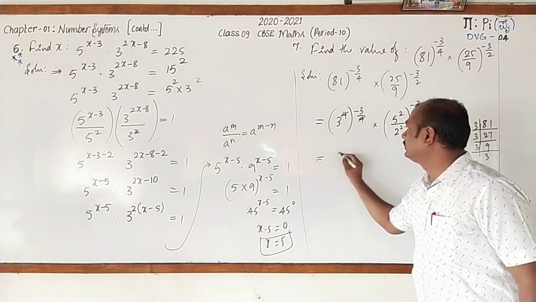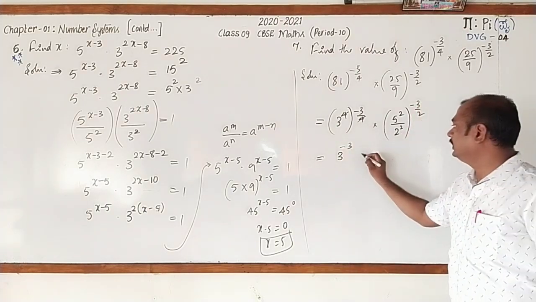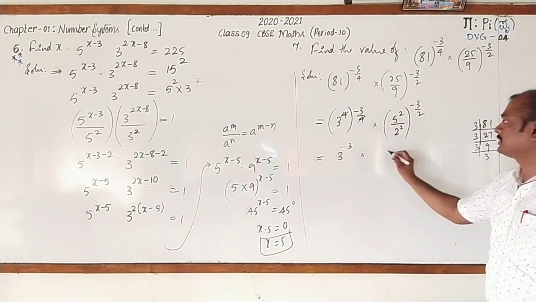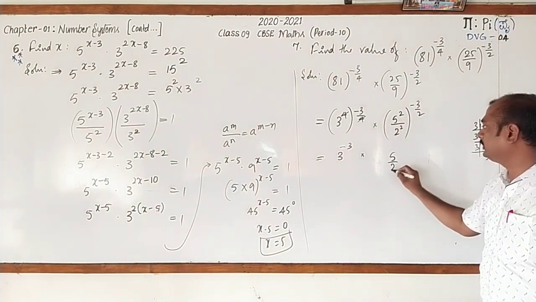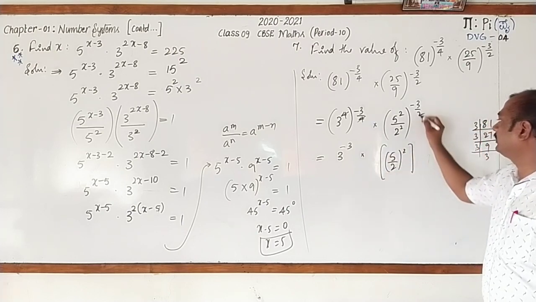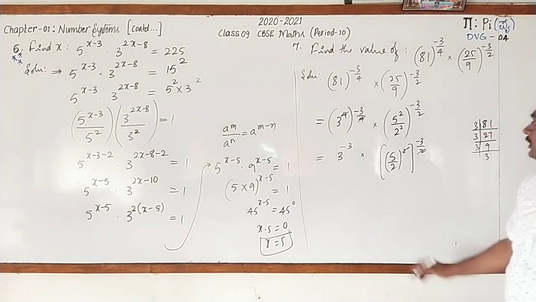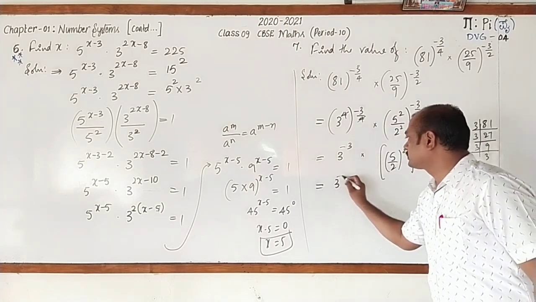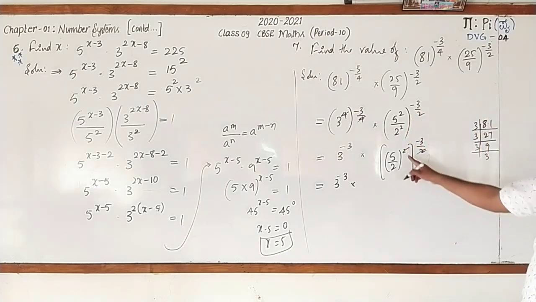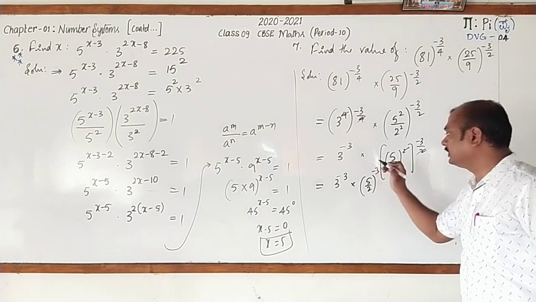Now this is 3 raised to the power minus 3 into, this can be written as 5 by 2 whole square, whole raised to the power minus 3 by 2. Now 2 get cancelled. Now this is equal to 3 raised to the power minus 3 into 5 by 2 whole raised to the power minus 3.